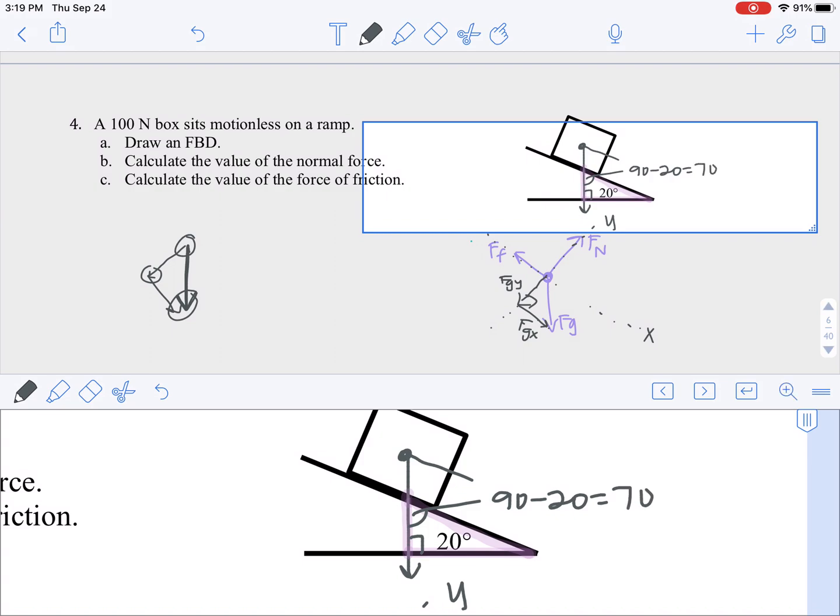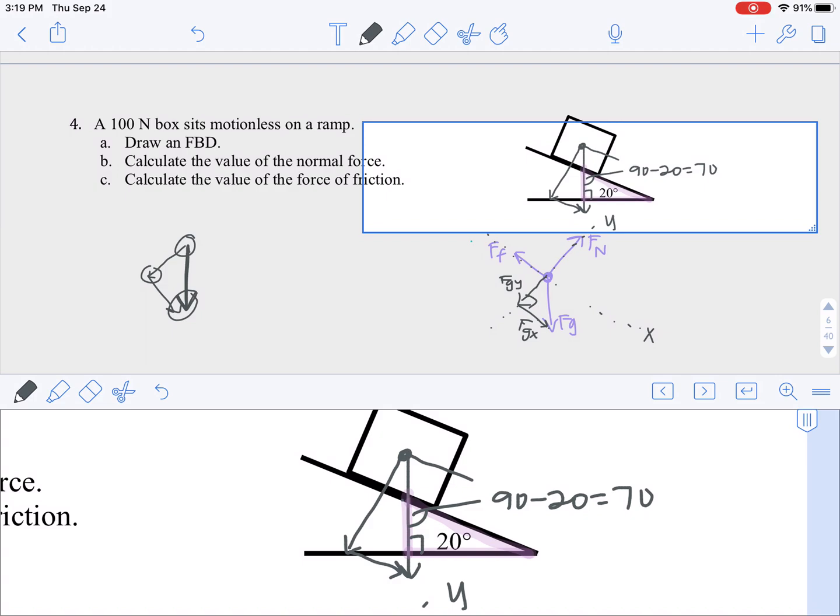Well, normally I don't draw in my vector like that, but I do normally draw in my components something like this, from that dot.